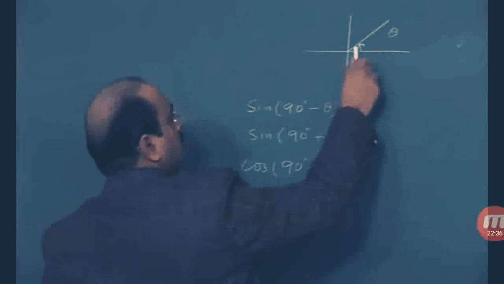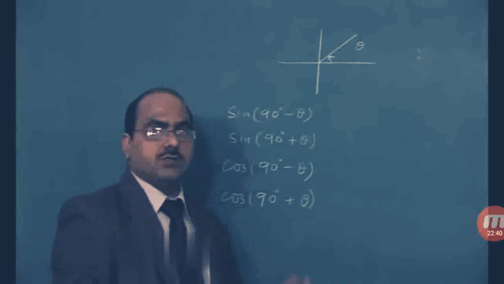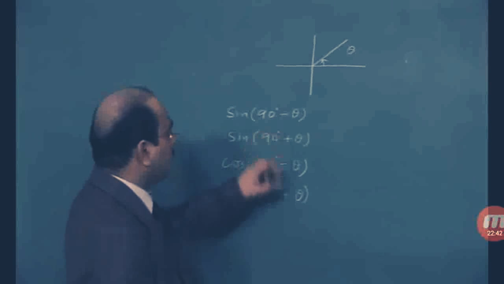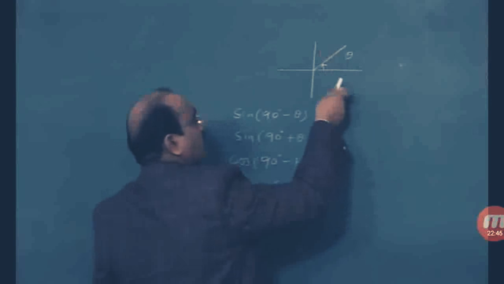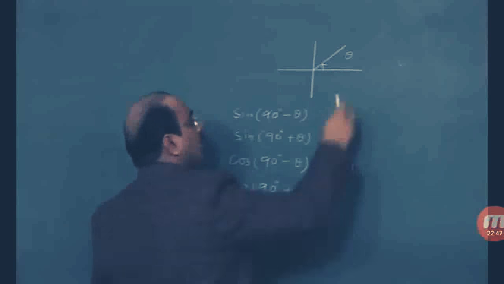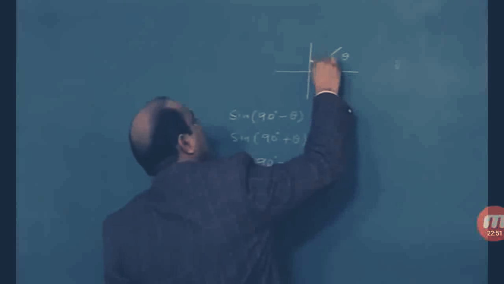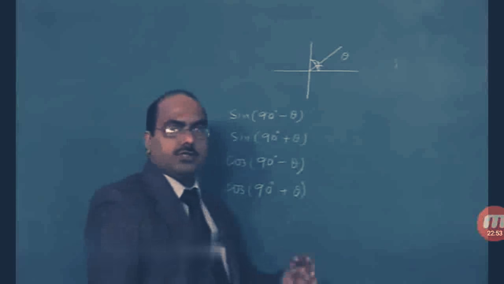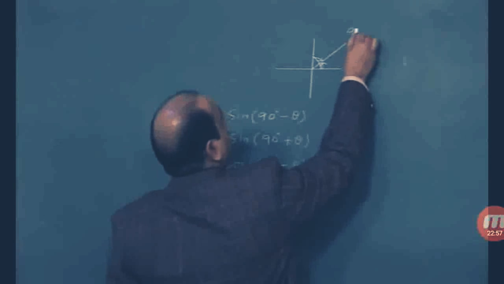Now the unknown angle, which for these expressions we always assume it to be small, then the angle in first quadrant will be either written as theta or it can be written as 90 minus something. When we subtract something from 90, then the angle is again in first quadrant.